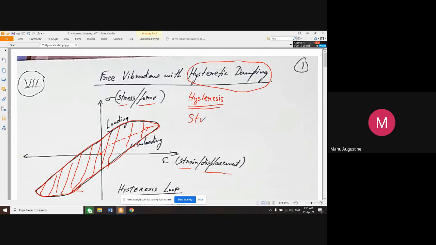These names you should remember, because in your examination, the question pertaining to this particular topic could come with the usage of any of these three terms: hysteresis damping, hysteretic damping, or structural damping. Now let us understand what is the source of this type of damping.